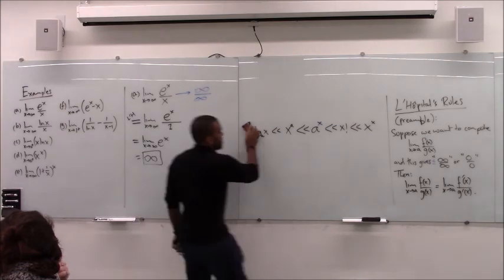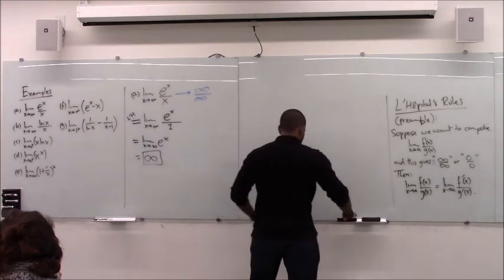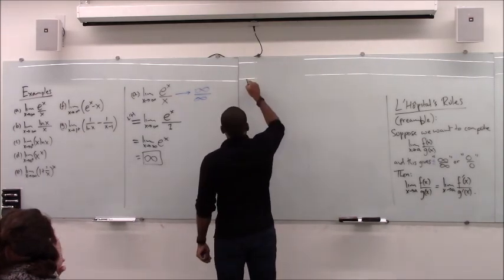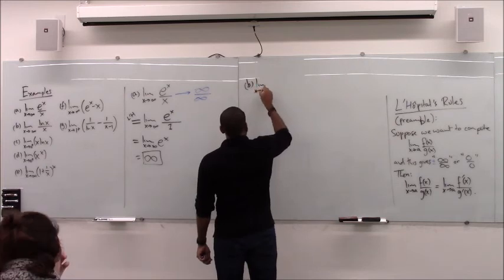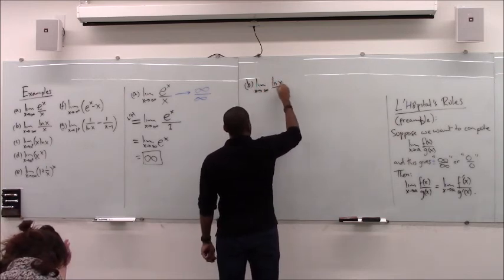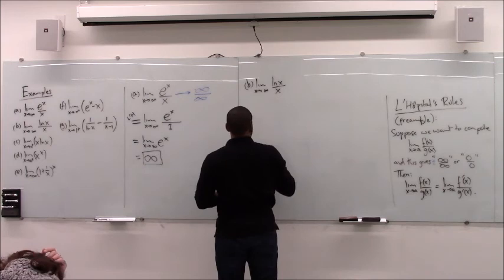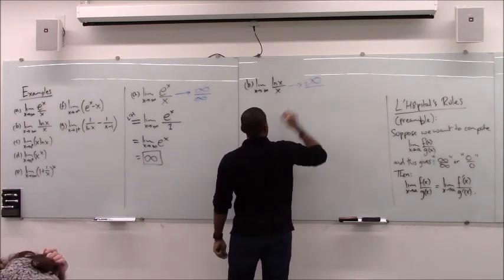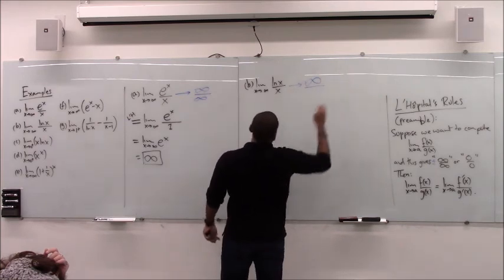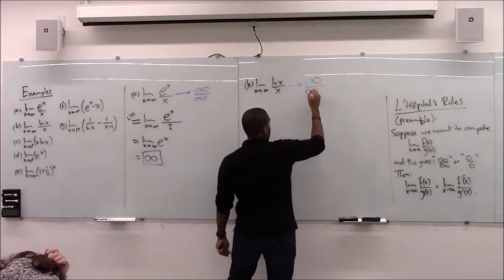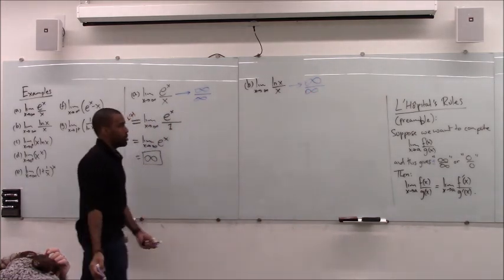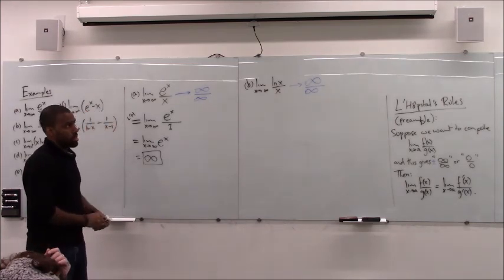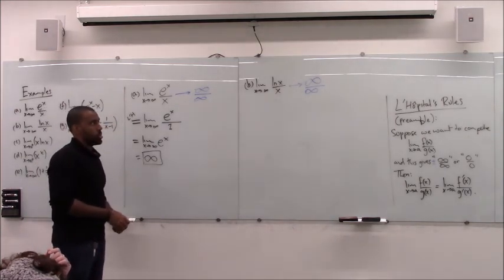Similarly, if I had a limit as x approaches infinity of ln of x over x, then yes, both the top and bottom will approach infinity. The logarithm grows like this. It goes to infinity as x goes to infinity, and x goes to infinity as x goes to infinity. So this is another indeterminate form, infinity over infinity.